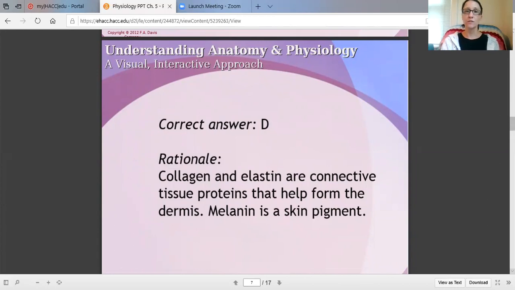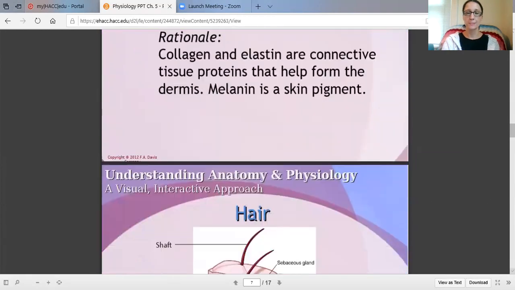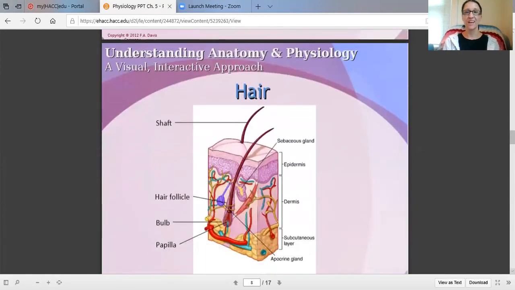And introducing or reviewing keratin is a good introduction into hair, because really all the hair that you can see is keratinized cells. Hair itself is not alive, just like the upper layers of your skin.